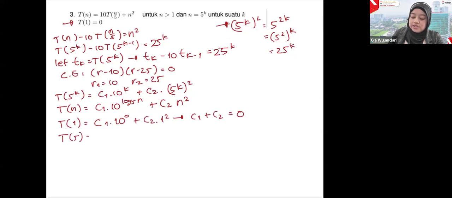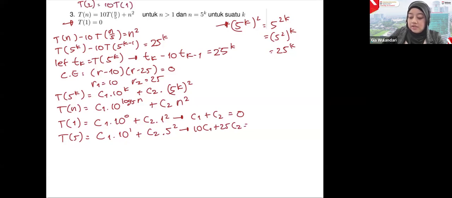And next, we check T5. For T5, we have C1 times 10 to log 5 of 5, which means 1, plus C2 times 5 square. So we have 10 C1 plus 25 C2, and it must be equal to 10 T1, sorry, it is supposed to be 5, plus 5 square, which is 0 plus 25, which is 25.